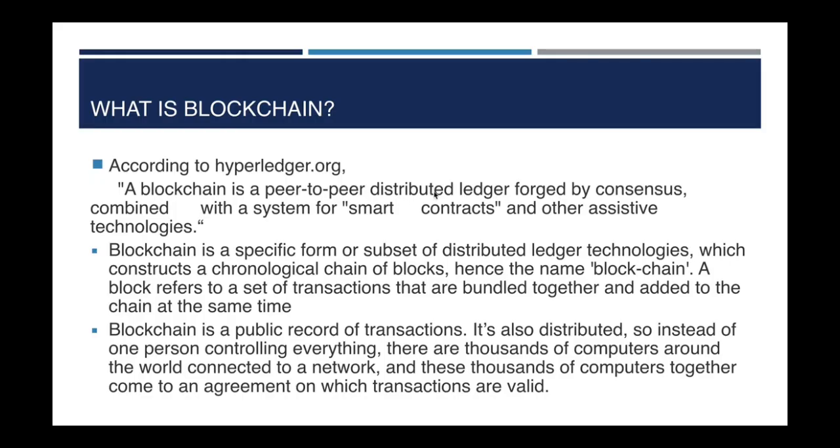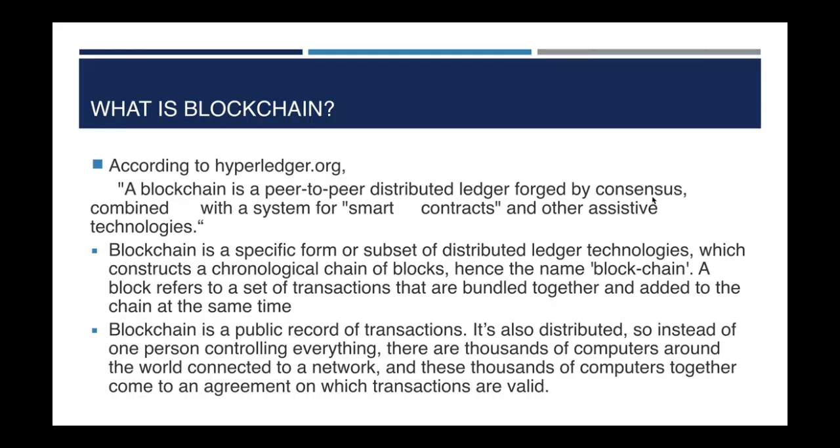What do you mean by peer-to-peer distributed ledger? That means it doesn't have to deal with a single server. All transactions are distributed peer to peer. So there is no single server or single entity that the network has to trust.